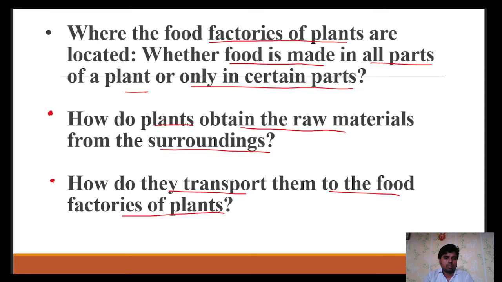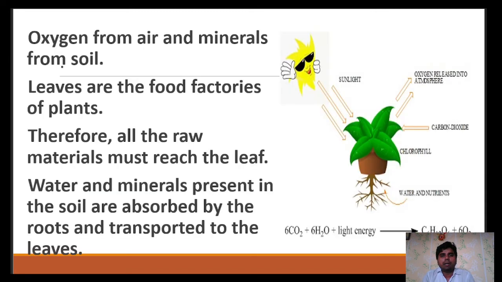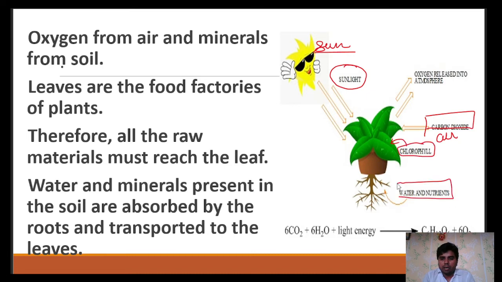Okay, so let's see from where the different materials required by the plant are obtained. Basically we can see in the image also, sunlight is taken from the sun itself. Carbon dioxide is taken from air, chlorophyll is already present in the leaf of the plant, water and nutrients are taken from the soil.